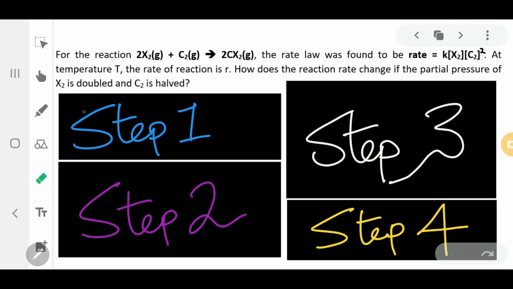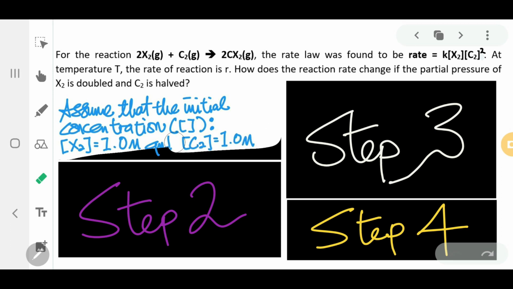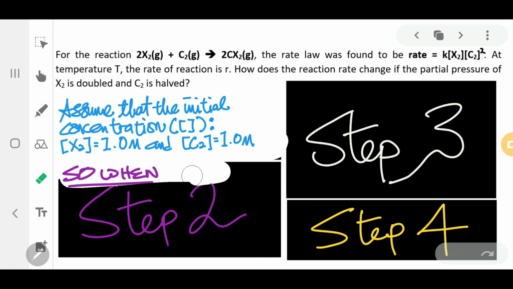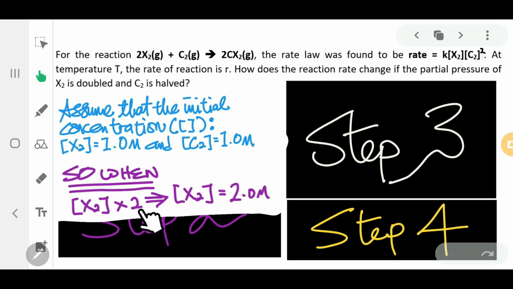Now, step 1. Again, I think you can guess it. We need to assume that the initial concentration is 1 for both reactants. Okay? So assuming initial concentration of X2 is 1, C2 also 1. And then step 2, because you have doubled X2, you will have the concentration of X2 equal to 2.0 molar now.